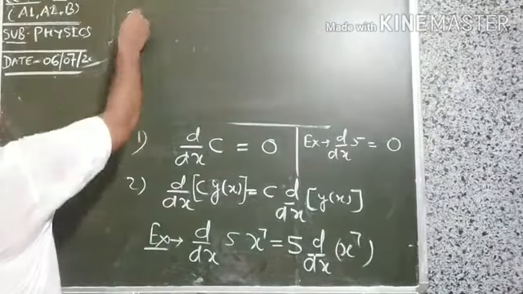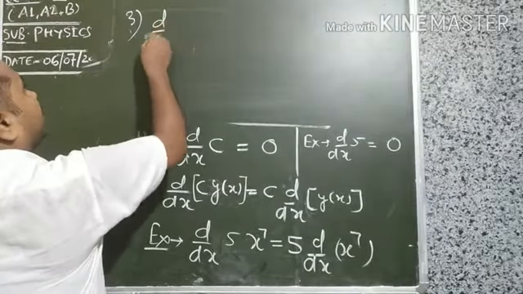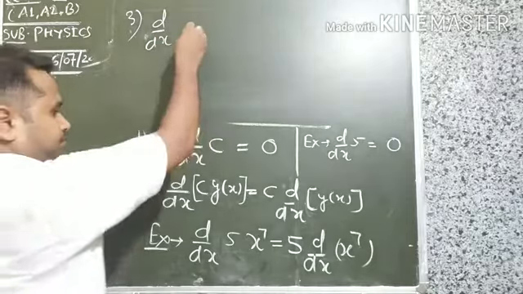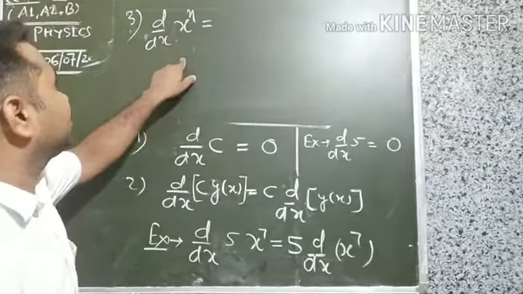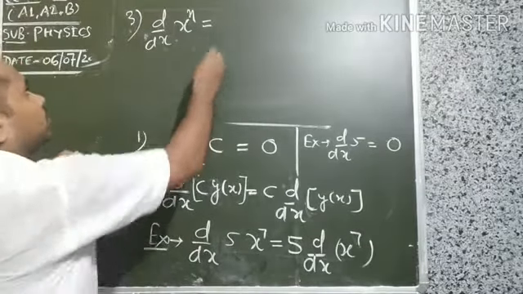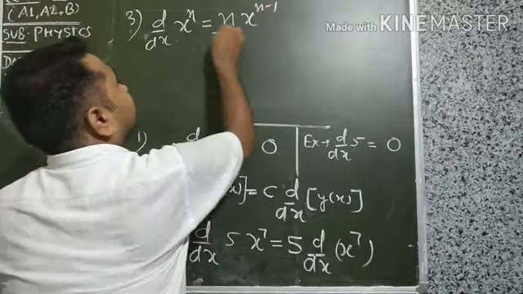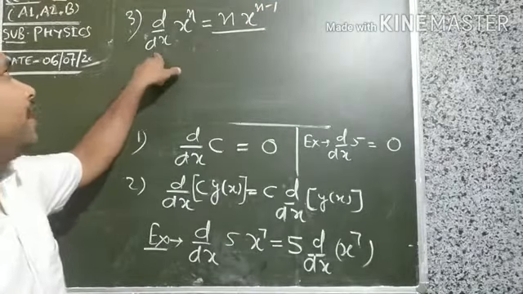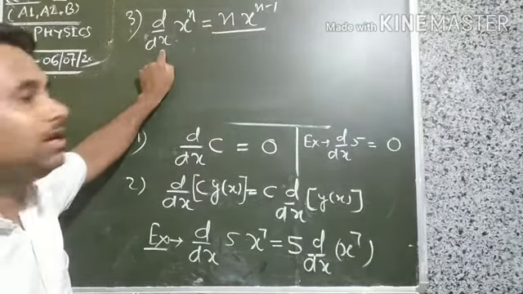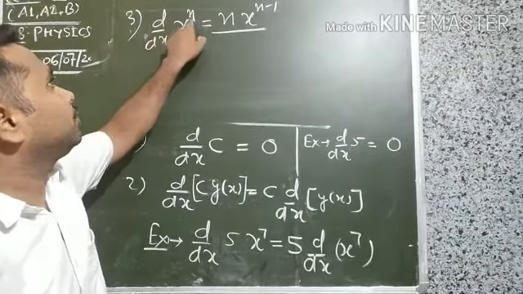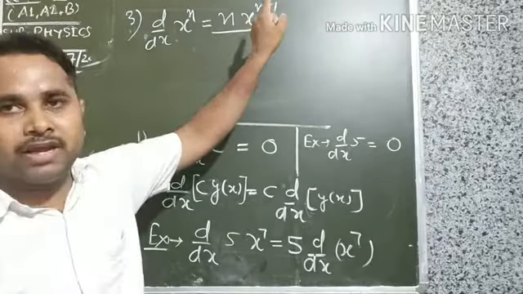Now see the third rule, d by dx of x to the power n. This is a very important general formula for differentiation, and it is equal to n into x to the power n minus 1. Differentiation of x power n with respect to x is equal to n x to the power n minus 1.